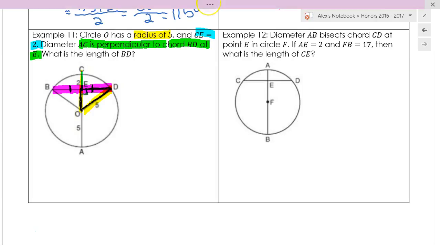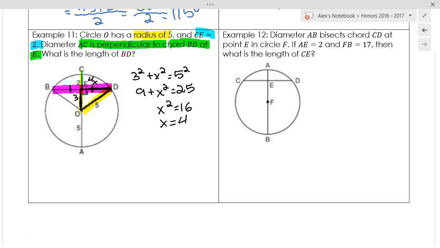If this part's 2, then this part has to be 3. Now I can use the Pythagorean theorem to find x. So 3 squared plus x squared equals 5 squared. So 9 plus x squared equals 25. x squared equals 16. So x equals 4.